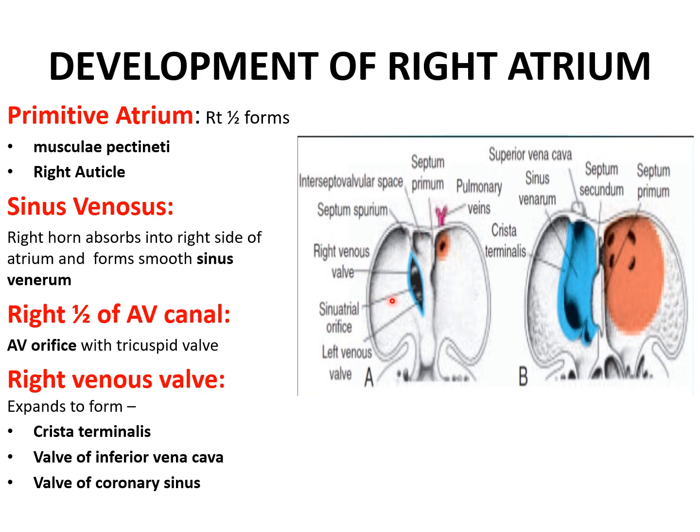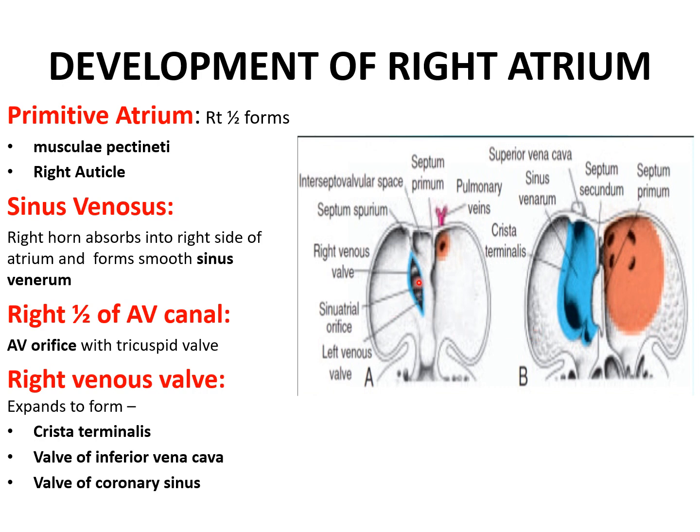So the primitive atrium is responsible for the formation of the rough part of the right atrium that is forming the musculi pectinati plus the auricle of the right atrium.